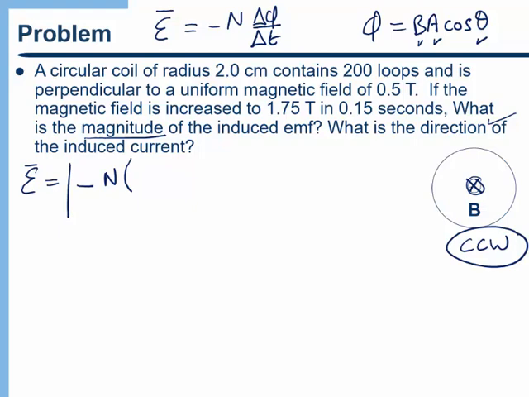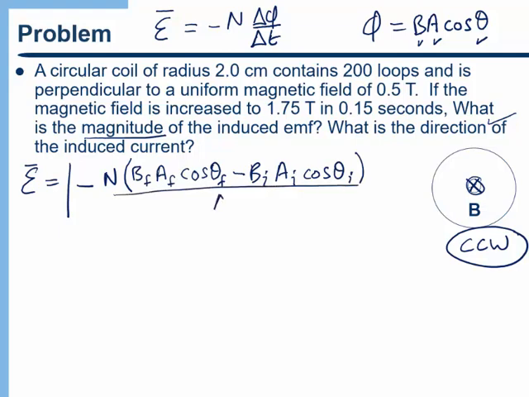I want the final flux, so the final value of the magnetic field, final value of the area, final value of the angle, minus the initial flux, the initial value of the magnetic field, the initial value of the area, the initial value of the angle. And then I'm just dividing that by the amount of time over which that change takes place, which is delta t. Now, that's sort of a general way to solve any problem like this.